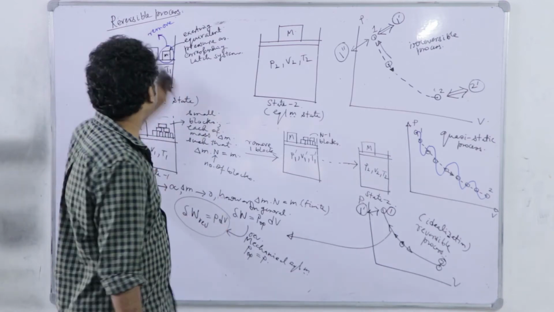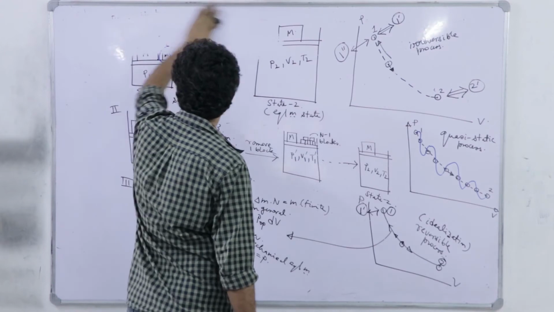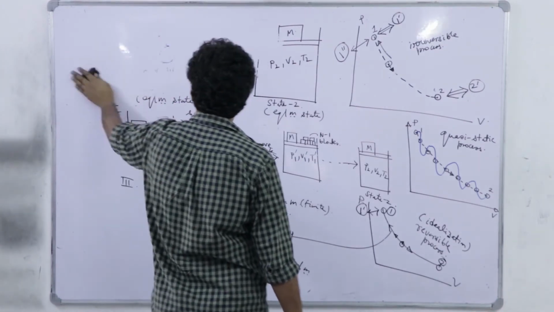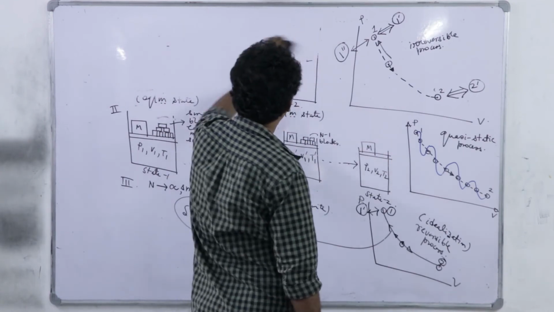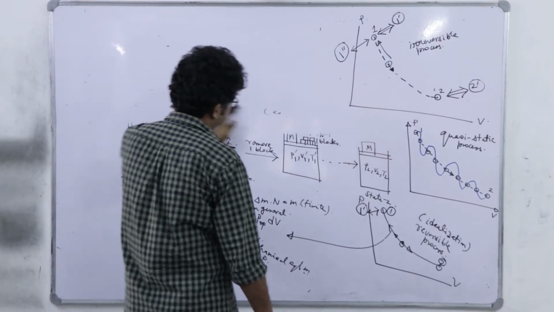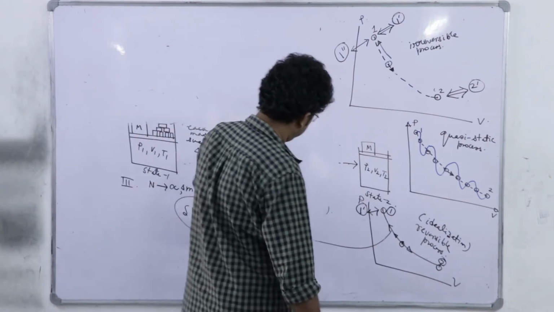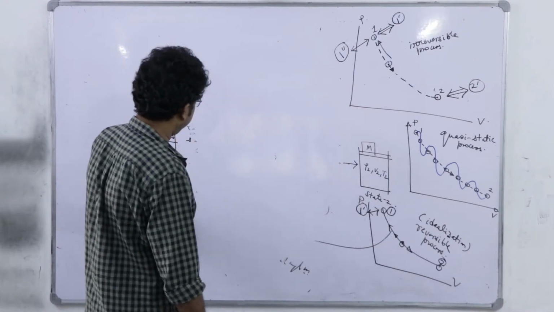In both cases the reversible processes are efficient. With this diagram, we will try to calculate the reversible and irreversible works for a piston cylinder assembly.